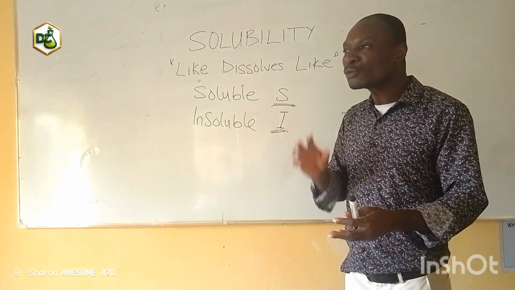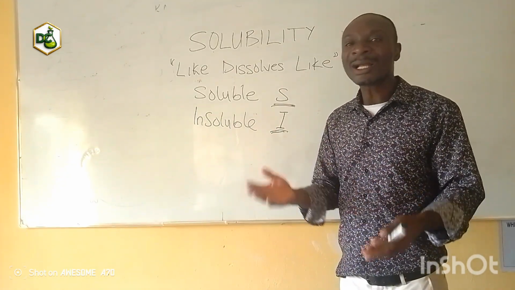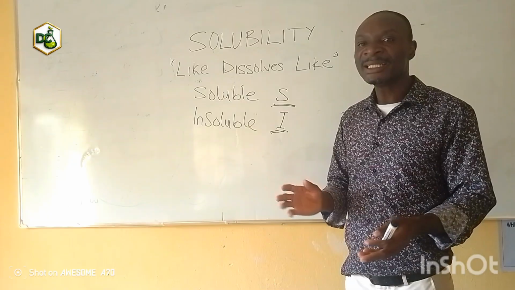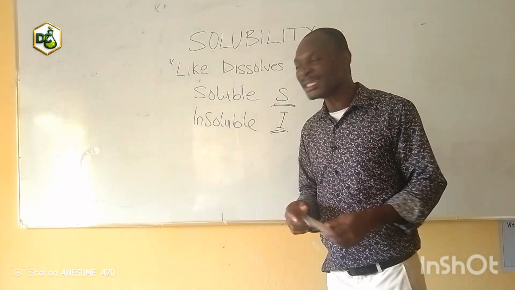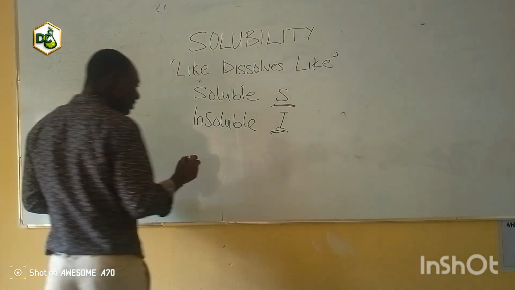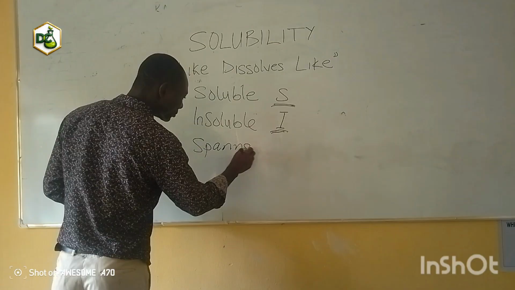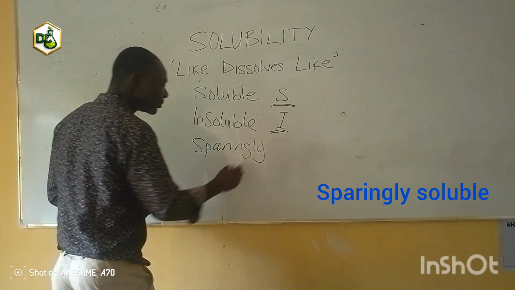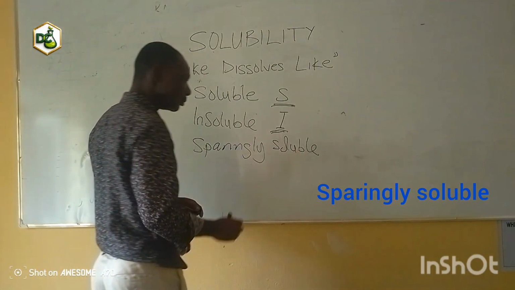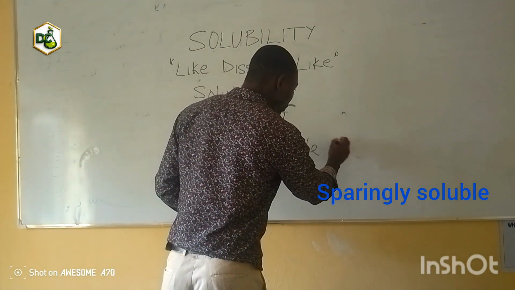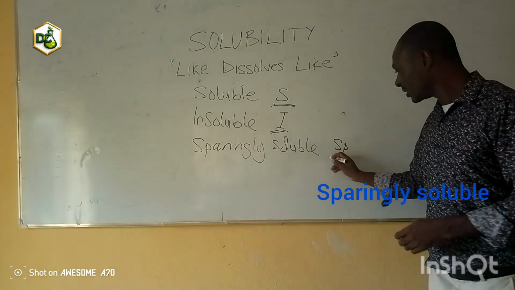In this case where particles are not there and also the solution is not clear but cloudy, we say it's sparingly soluble or slightly soluble. We can represent this with X.